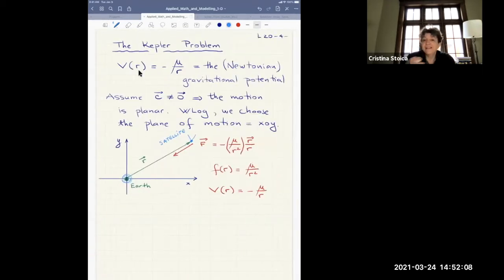Next, we're done with the general problems, and we're saying now, let's focus on gravity. Let's focus on the motion of a satellite, assuming that the Earth is perfectly round.